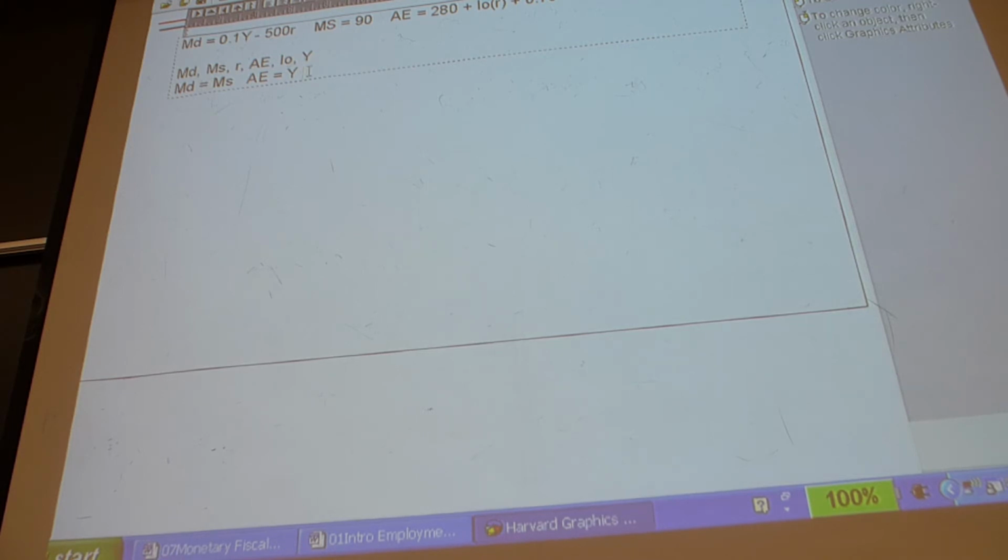There is a unique solution. And the way you find the unique solution is this. If you did MD equals MS, R was a function of Y, then you plug that R in here, and IO is a function of Y. Then if you plug that IO in here, AE is a function of IO, which is a function of Y, and then at equilibrium, Y is that.